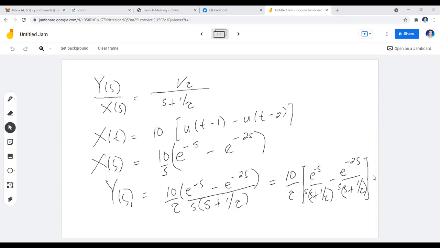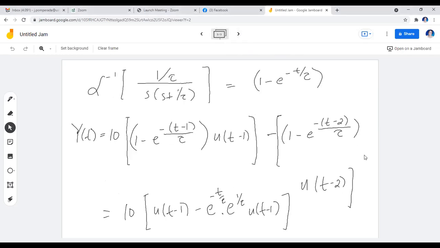Okay, so our goal here is that we will just invert the expression 1 over s times s plus 1 over tau and correspondingly shift it later, applying the second shifting property. Okay, so if we do that, it would look something like this. So the inverse Laplace of this particular rational expression in s would be something like this.